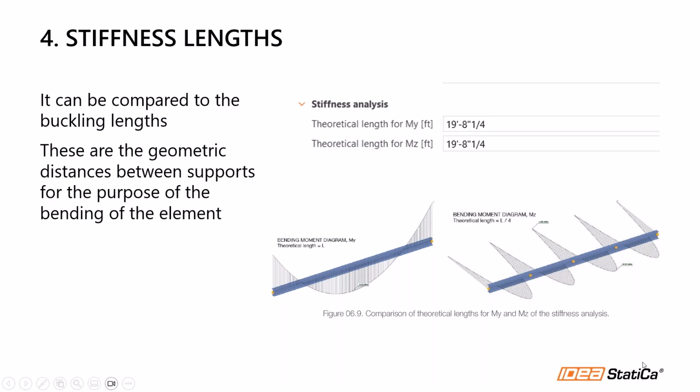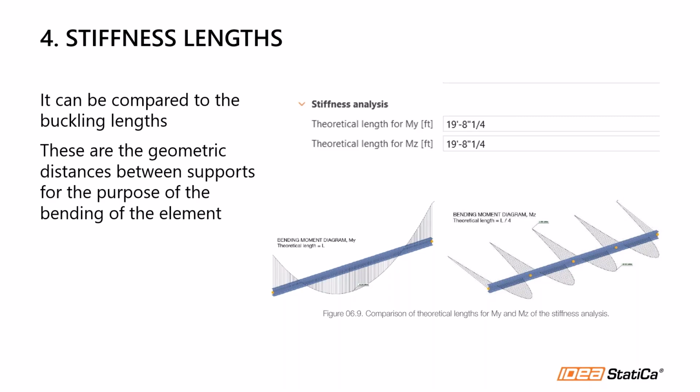These lengths have a behavior similar to the buckling lengths. These are the geometrical distances between the supports, which will be related to the bending of the member. So we have an input for MY and MC, which are related to the bending in the Y and C local axes of the member, of course. Depending on which rotational stiffness you are calculating, the input you use.